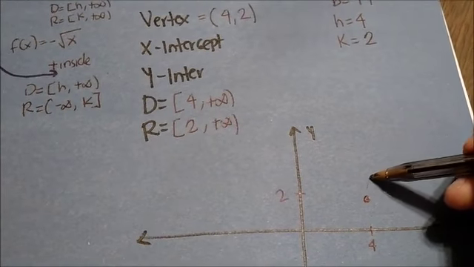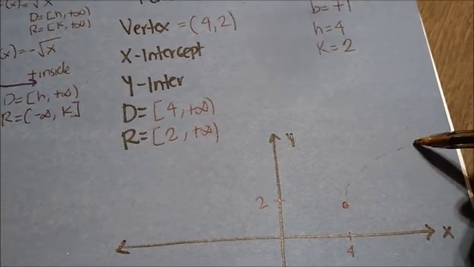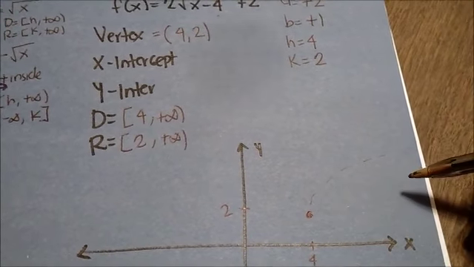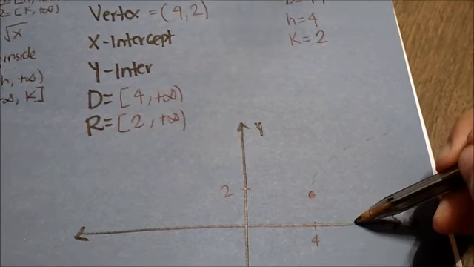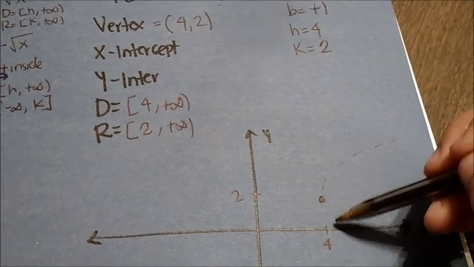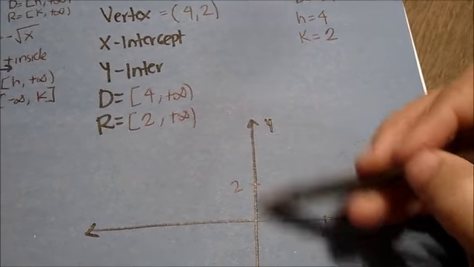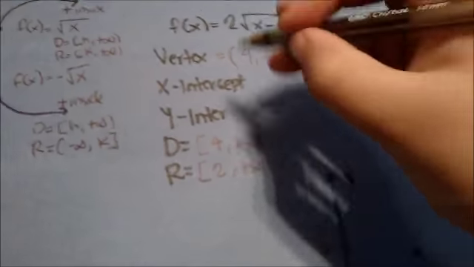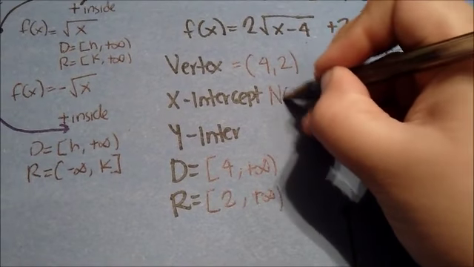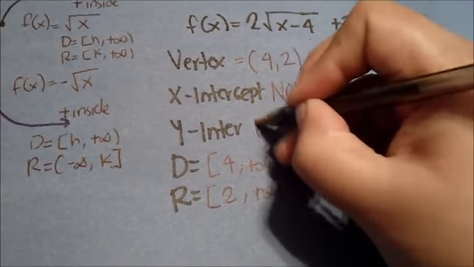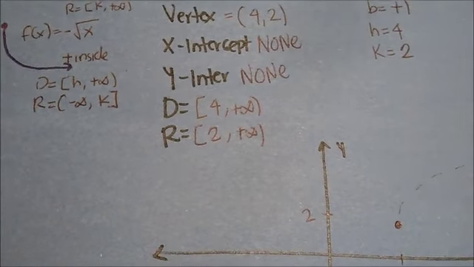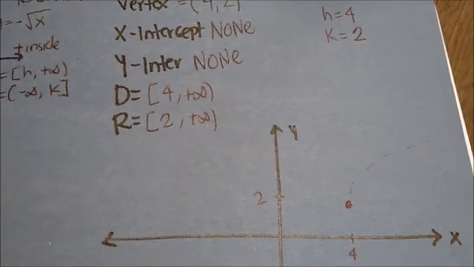So if you draw it here, you don't know the specific numbers, it's going to open upwards and rightwards. So guess what? You won't have any x-intercept, neither y-intercept. Why? Because of the direction of your function. So here you need to write none and none, or there is no x-intercept, y-intercept, as you wish.